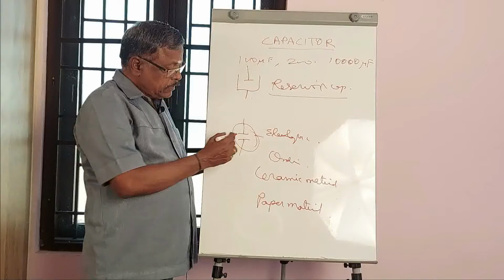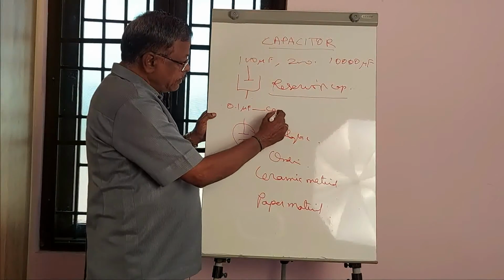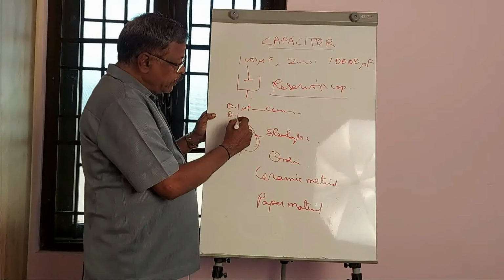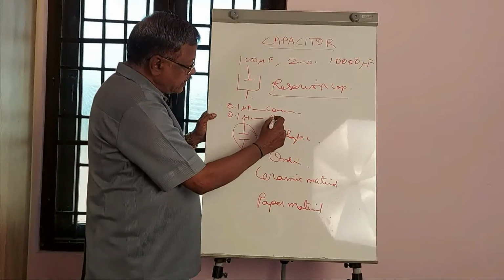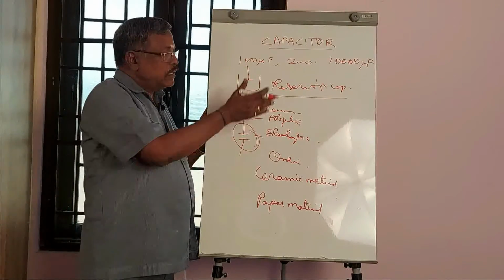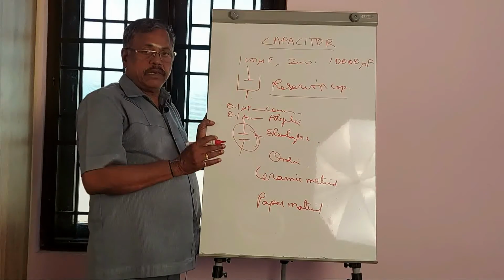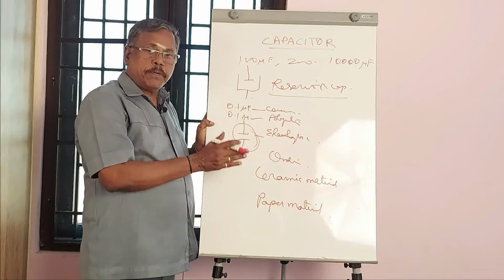For example, this 0.1 microfarad may be a ceramic capacitor. 0.1 microfarad may also be a polyester capacitor. Like that, there are a lot of capacitors using either electrolytic material, ceramic or polyester.